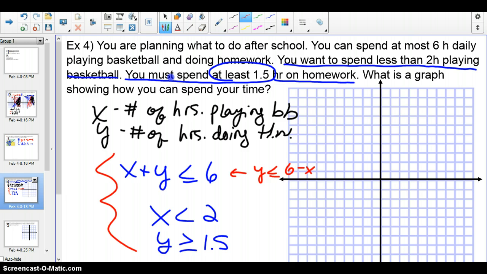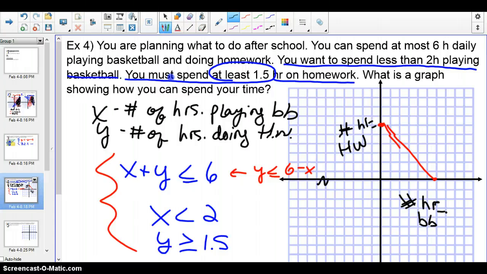So you have a b value of 6. 1, 2, 3, 4, 5, 6. All right. And you've got a negative slope here. Okay. Now let me ask you something else about this picture. If the x-axis represents the number of hours playing basketball, and y represents the number of hours doing homework, does it make sense to have negative x values or negative y values?